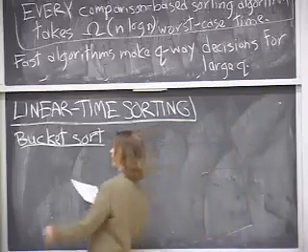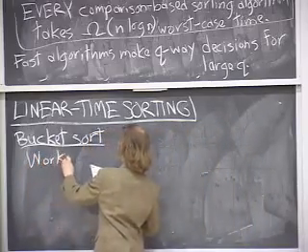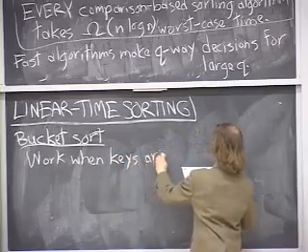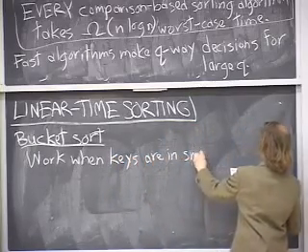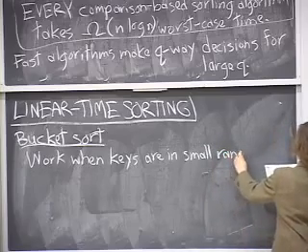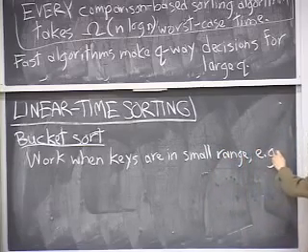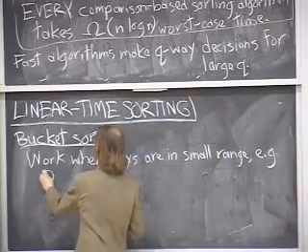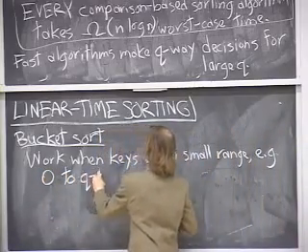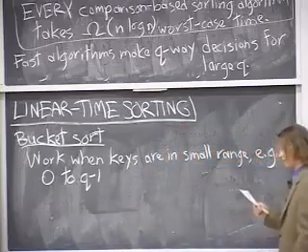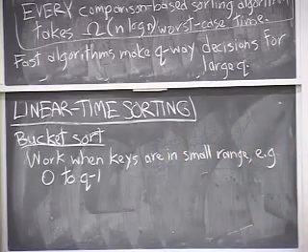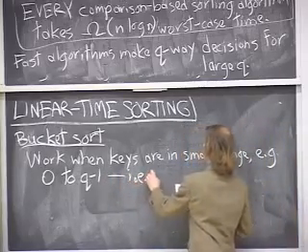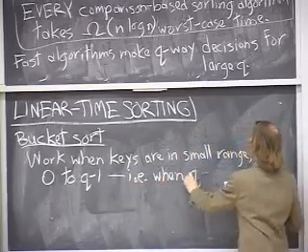It works well when the keys are distributed in a small range, like from 0 to q minus 1. In other words, when q is in big O of n.